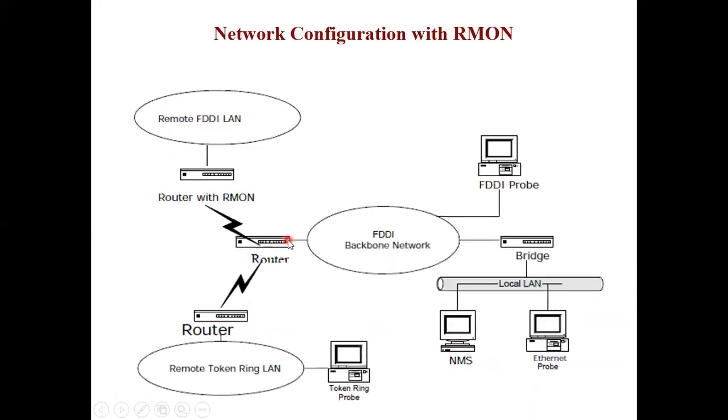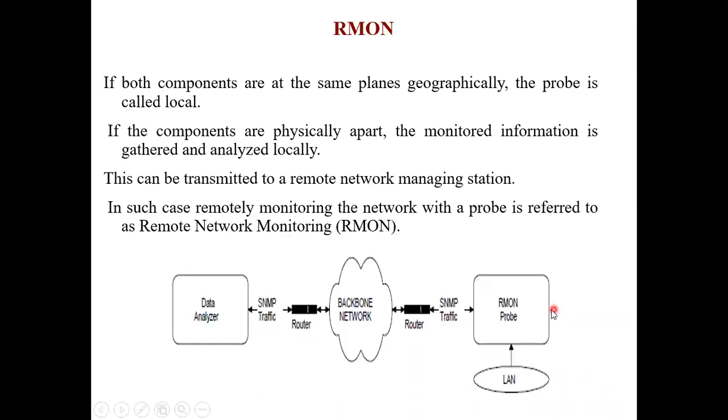Look here. My RMON probe is here. Okay, and the LAN is over here, and here is my backbone network. This LAN is connected to the backbone network through a router. So here is the RMON probe. The LAN is sending data through the backbone network via the router, so in between we have put this probe. What this probe will do is collect that data and process it. How will it process the data? The data is processed over here.